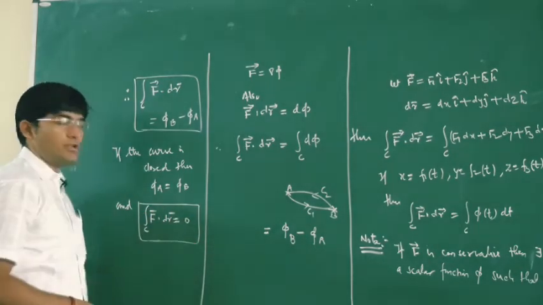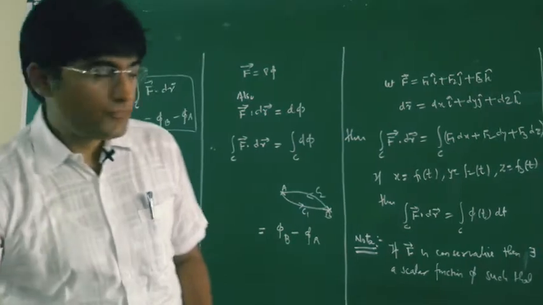So this line integral f dot dr is equal to 0.